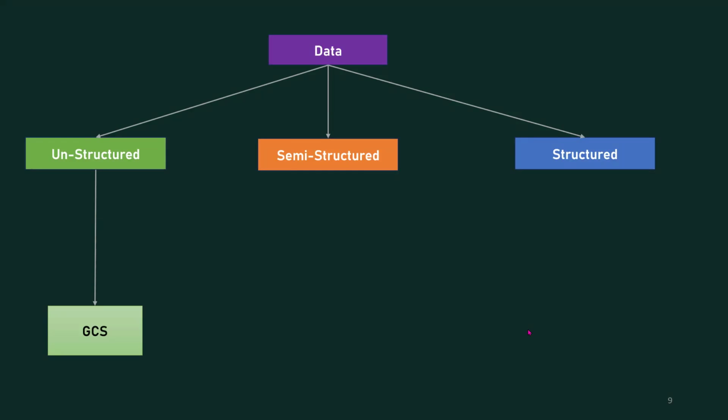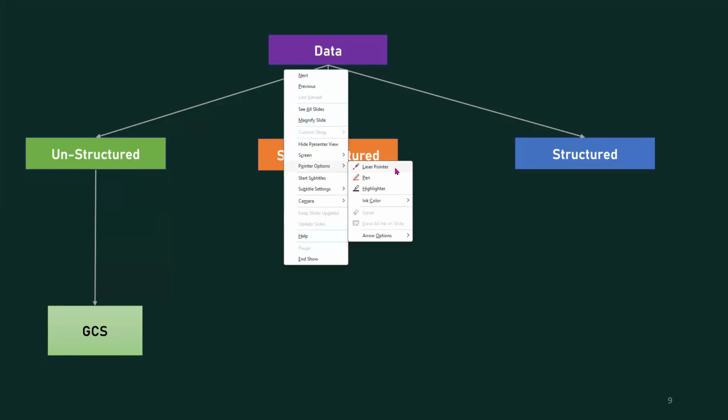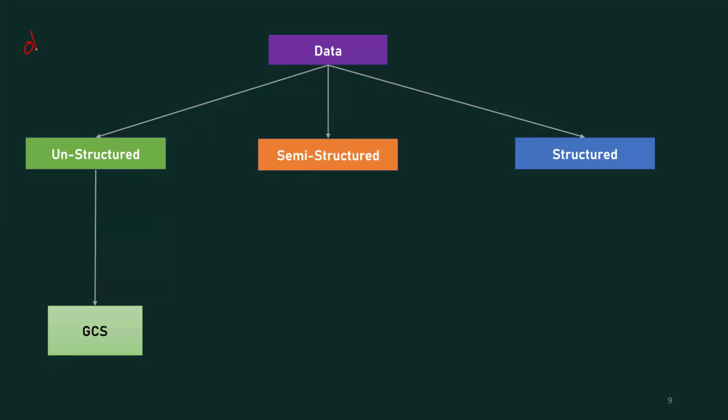Object means a file of any format. For example, I have an audio file, I have a video file, I have a CSV file, Parquet file, PDF file, Word file, anything. If you have any type of data, that can be stored in the form of an object in Google Cloud Storage. An object is nothing but a file of any format.